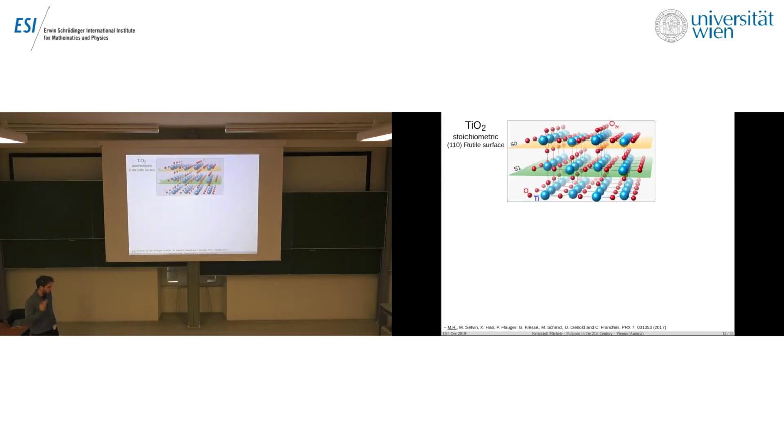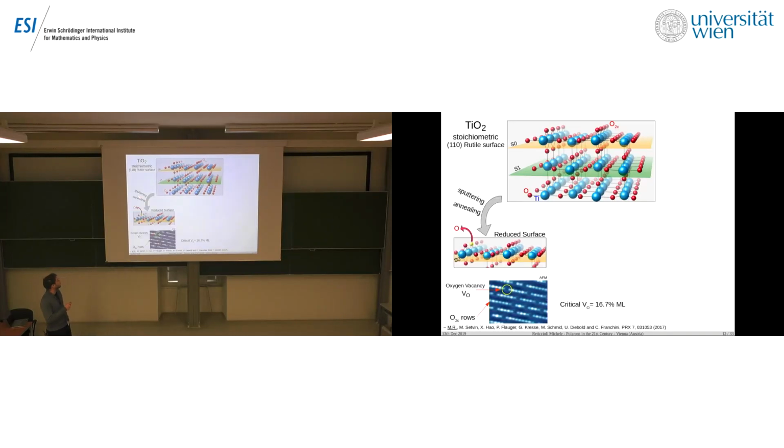This has an important impact, which was shown already yesterday by Martin, because rutile is known to reconstruct at the surface. When you sputter and anneal the sample, you can create oxygen vacancies on top, but there is a critical concentration of oxygen vacancies, which is 17%.